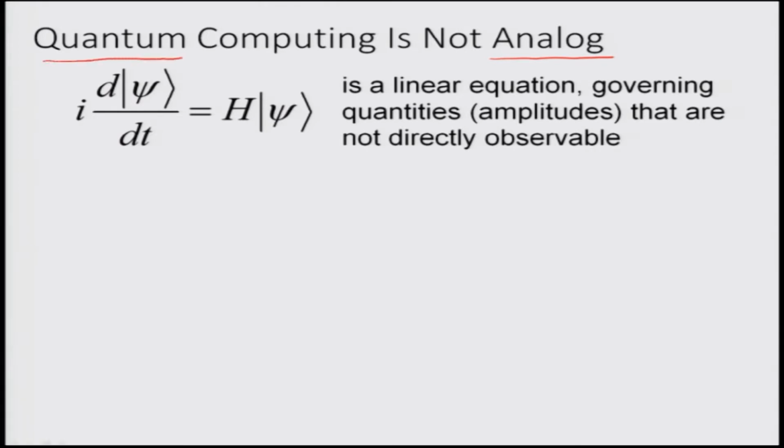Quantum word essentially implies that we are looking at discrete aspects, and when we are evolving the state or the property, we are essentially using the quantum nature of the system, which means that we are utilizing the Schrodinger equation or associated similar equations in the statistical concept, which is the Liouville equation, where instead of the wave function we have the density matrix, all of which in terms of evolution essentially involve a linear equation governing the quantities, which in these cases are essentially the amplitudes that are not directly observable, and therefore it is far from being analog.